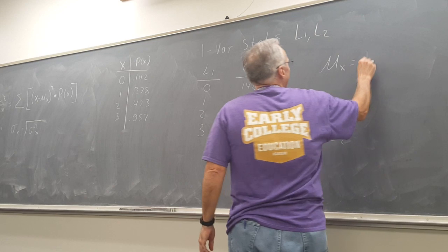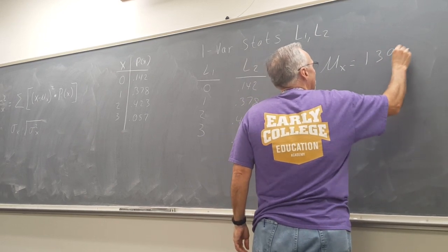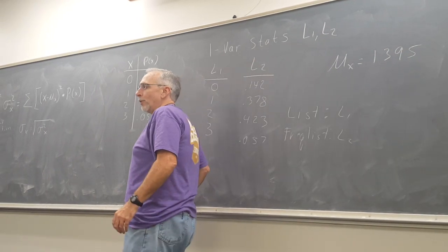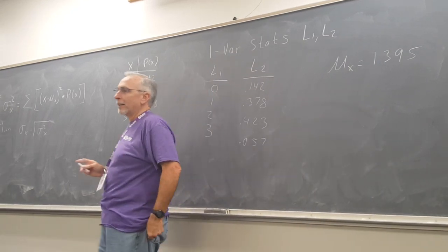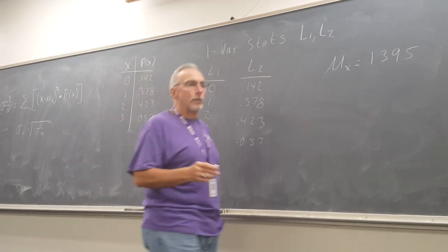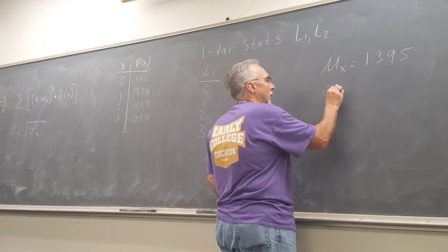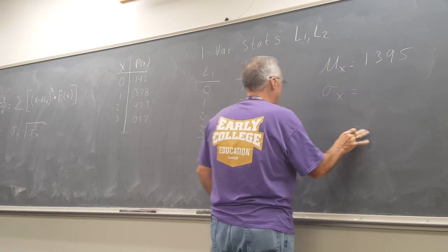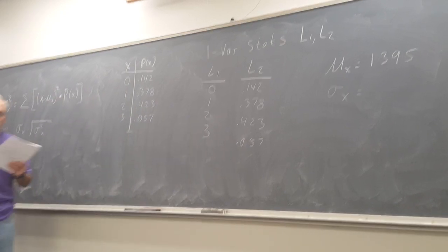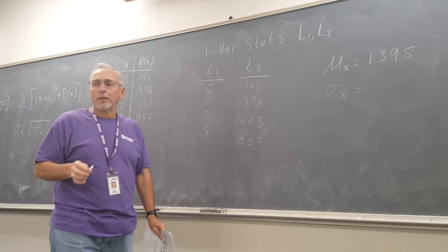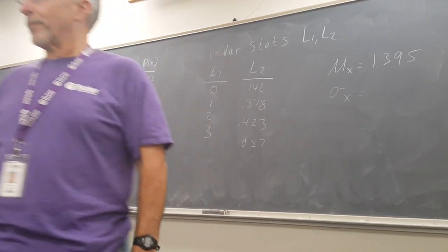Everybody come up with 1.395 for your mean? That's how you know you did it right. And then your standard deviation, to 4 decimals. What did you come up with for the standard deviation?